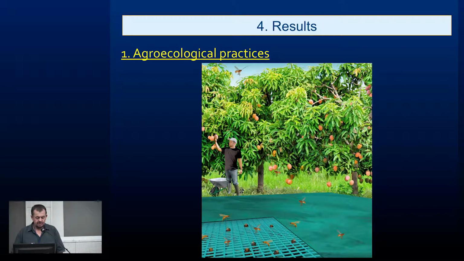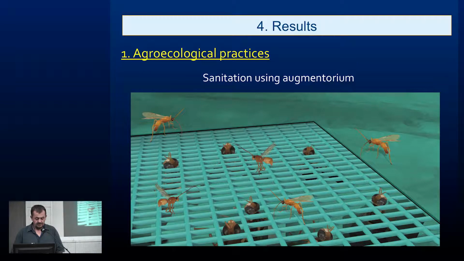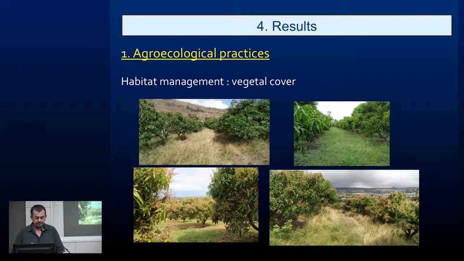The mesh of the nets permits the escape of parasitoids that can infest the crop, but this time positively, and that also avoids the escape of fruit flies. So here is a slide on the mesh: you can see only parasitoids are outside, and you can see the fruit flies inside the augmentorium.